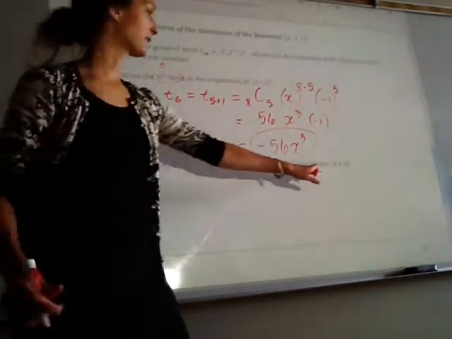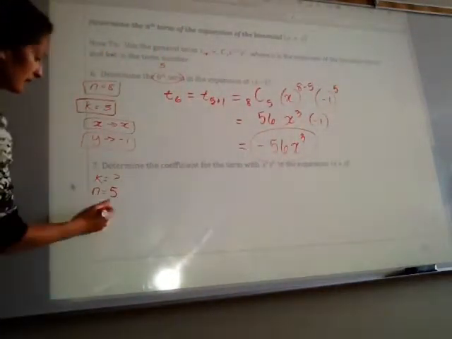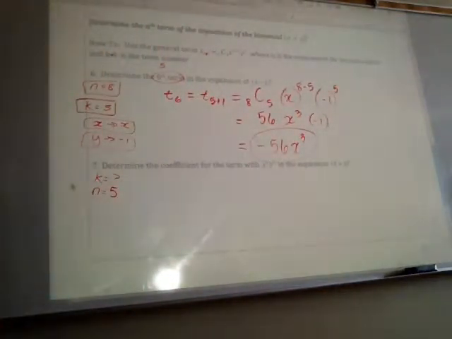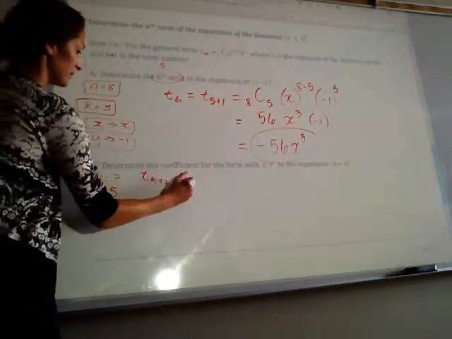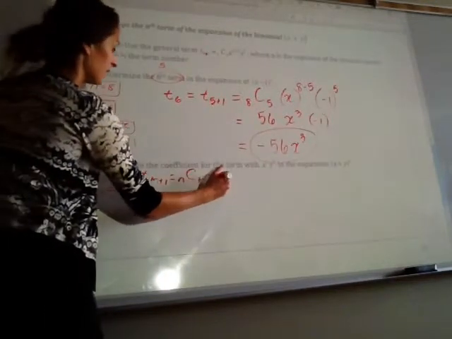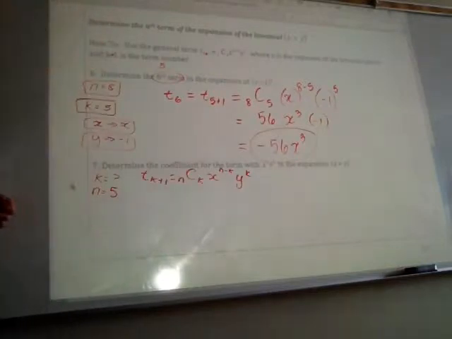Our n comes from the exponent on the binomial, 5. Our x is just x and our y is just y, so we don't really need to write that down. Using our general term formula, t k plus 1 equals n choose k, x to the power of n minus k, and y to the power of k. Just go ahead, sub in what we know.